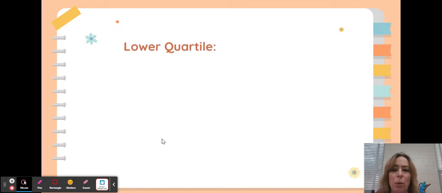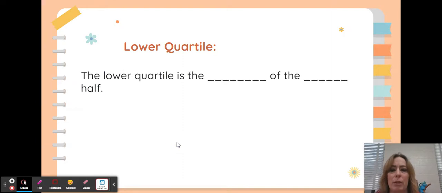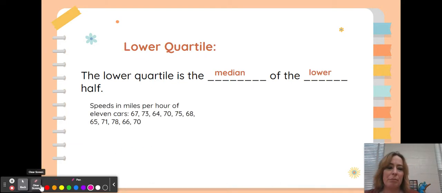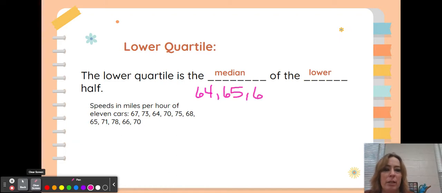Now we're going to look at the lower quartile. This is where it gets a little bit more tricky. The lower quartile is the median of the lower half. So how does this work? Well, let's take our numbers. First off, I'm going to put them in order from smallest to greatest. So 64, 65, 66, 67, 68.